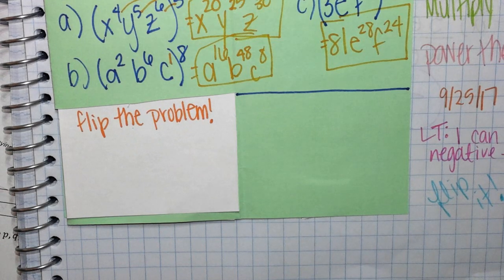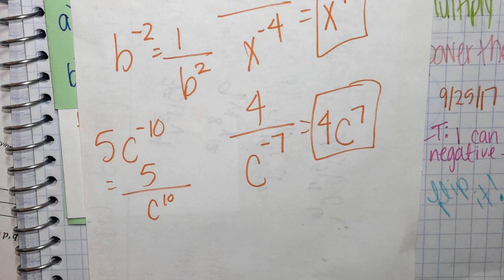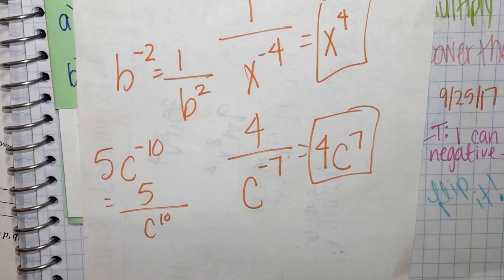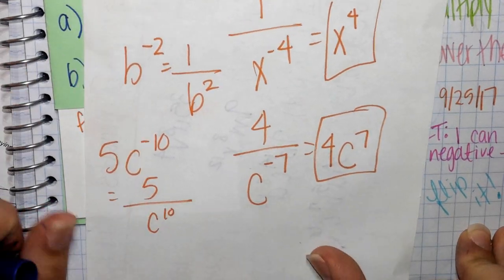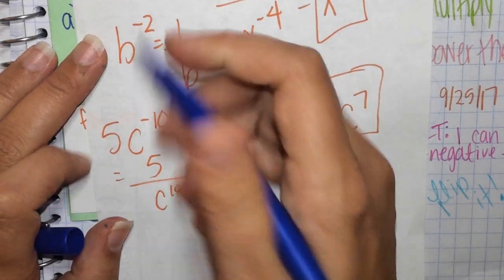Can I write that down? Yes, you can write this down if you want to. If you want to write this down, write it out to the side. Do not write this on the foldable.